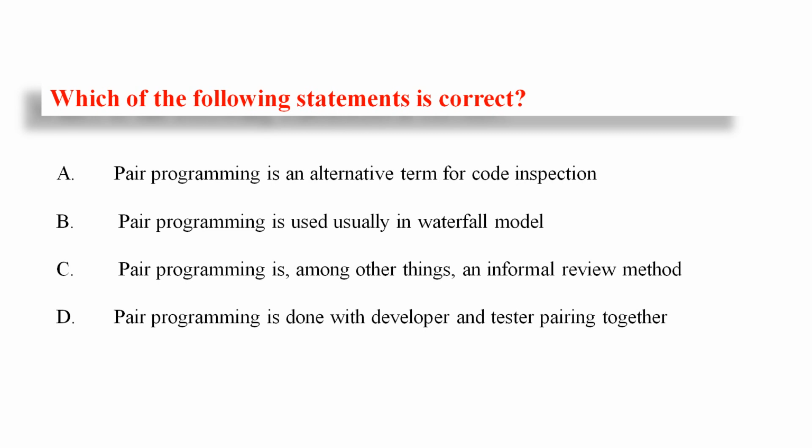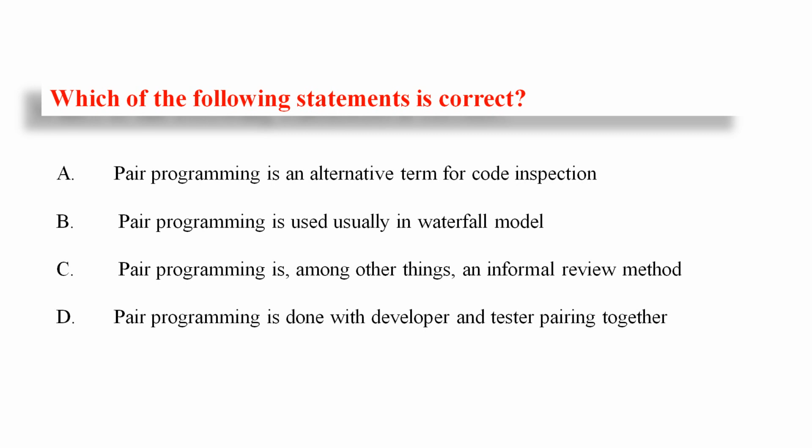This is called pair programming. For example, if there is one requirement with 200 lines of code, one software developer will finish the coding for that requirement. After completion of coding, the second developer will start reviewing the code, or walkthroughs on the code, or inspections of the code. This is called pair programming.